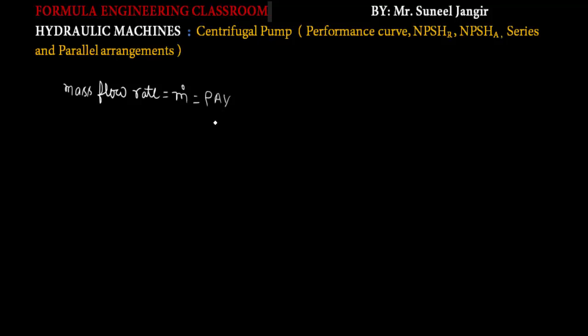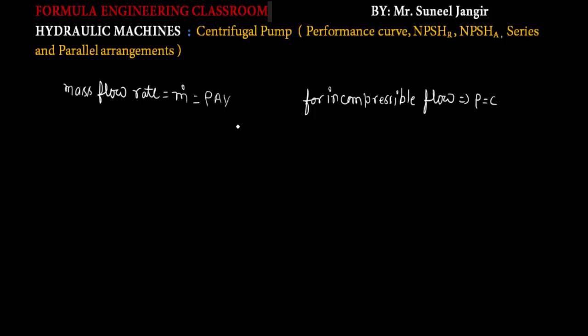Now, if we consider the flow to be incompressible, we know that for incompressible flow the density remains constant. So if we are considering an incompressible flow through the pump, the performance parameter becomes the flow rate or discharge.